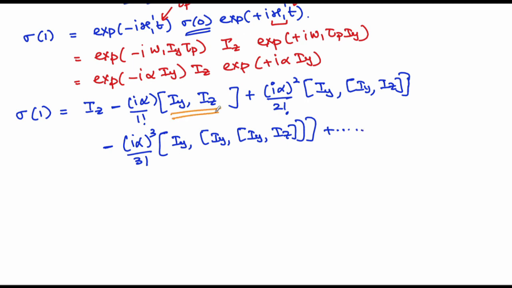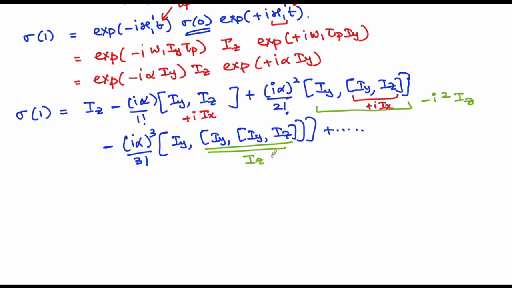We know that the commutator of Iy and Iz is going to be plus i Ix. How does this minus sign come up? Because you are going to take a commutator of y with x, since it's an acyclic order, that will result in a minus sign, and i will also come, so you get something like minus i square. Minus i square will be plus 1.